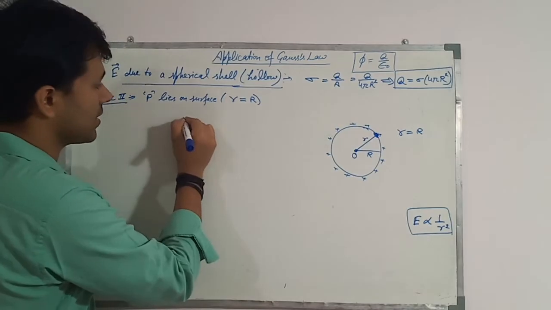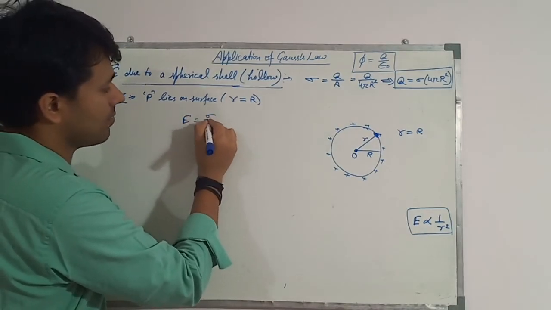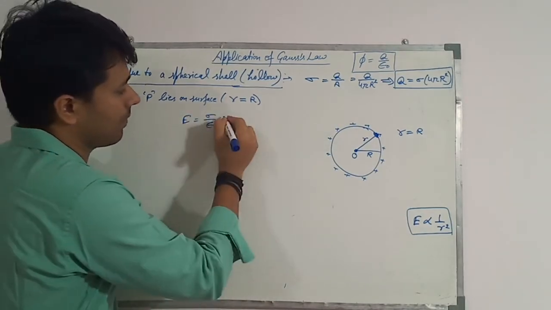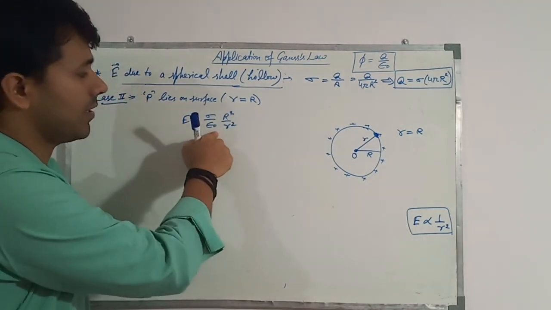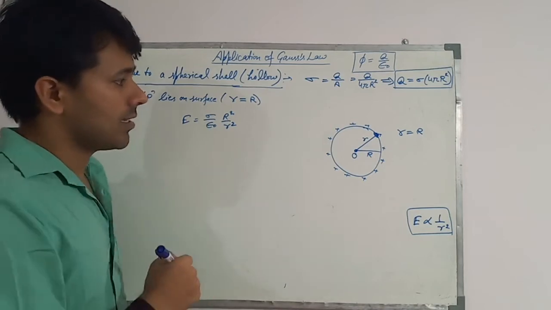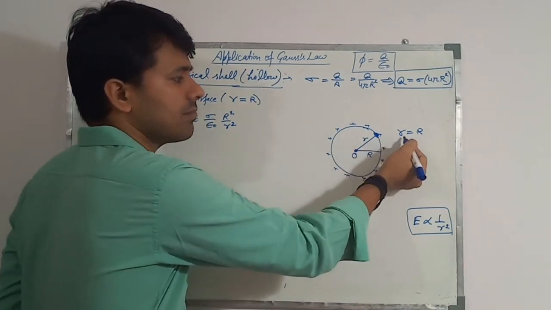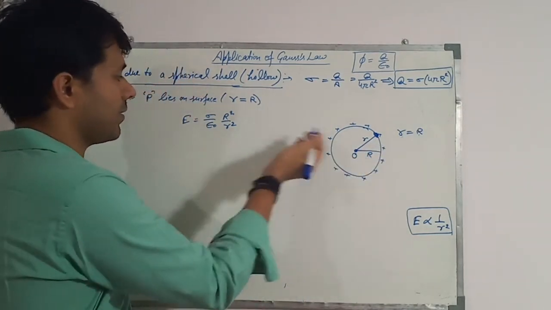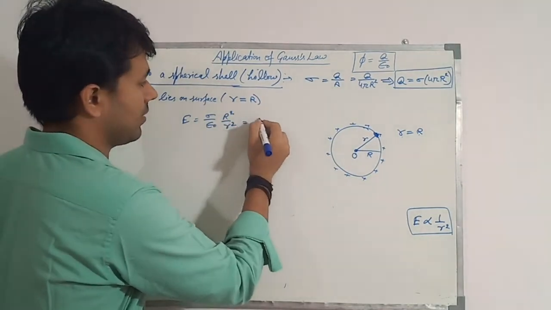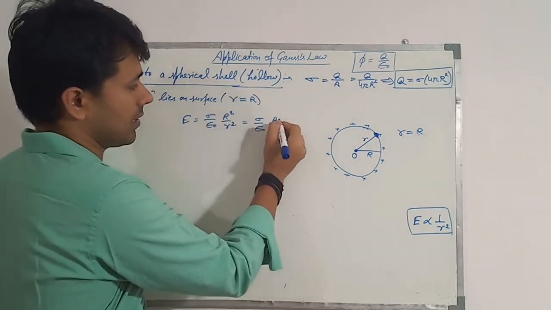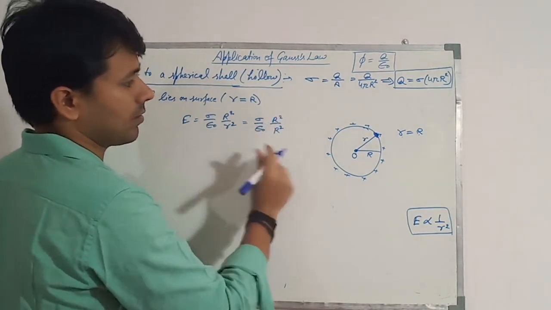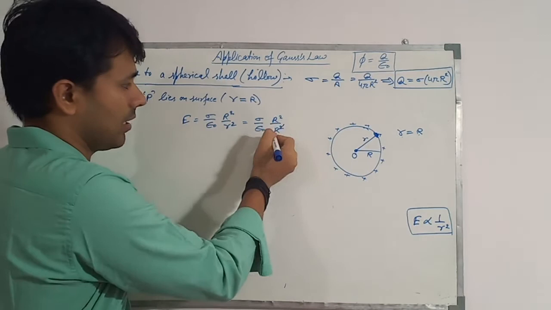From the first case, we know that E is equal to sigma upon epsilon naught, R square by r square. This is the value from the first case. And in this case it's simple, r is equal to R. Then placing this, we get sigma upon epsilon naught, R square upon capital R square, because r is equal to R. R and R cancel out.